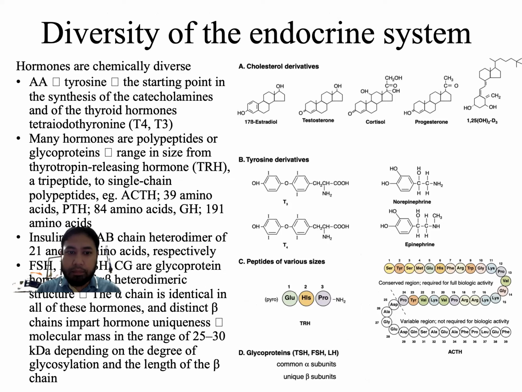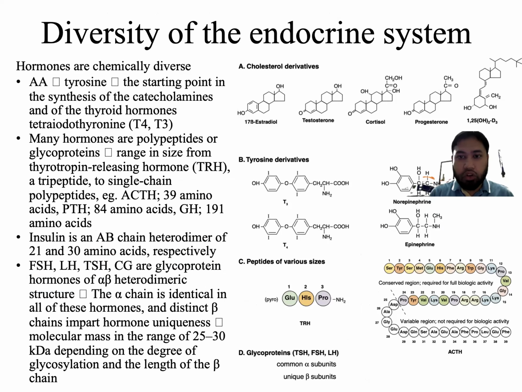This is another example I mentioned previously. Same thing, you have A, the cholesterol derivative. You look at the structure like 17 beta estradiol in A under cholesterol derivative, you see the structure is quite similar to testosterone, right? And also similar to cortisol and progesterone. In other words, the backbone of the structure, the chemical structure, is almost similar.